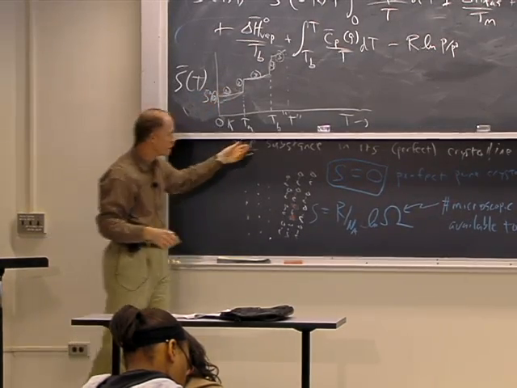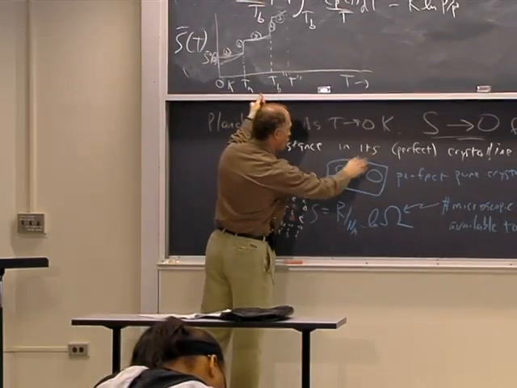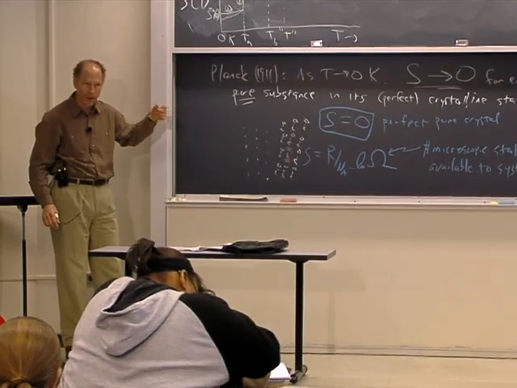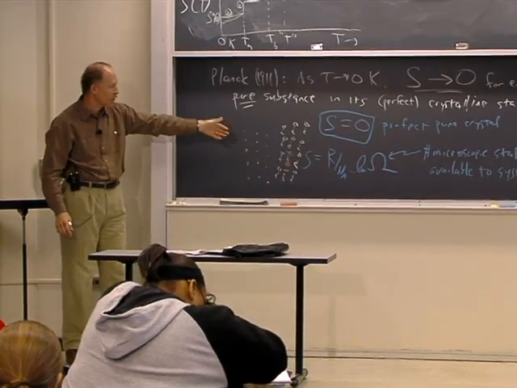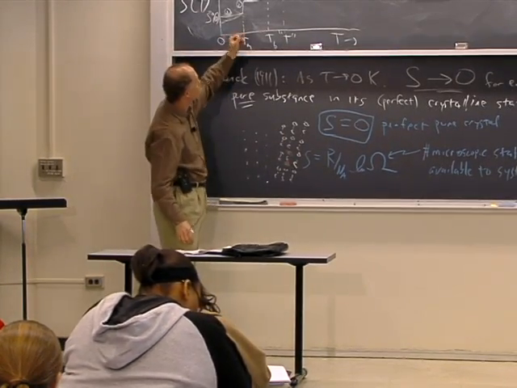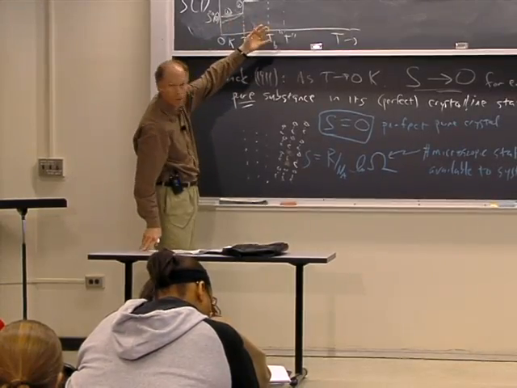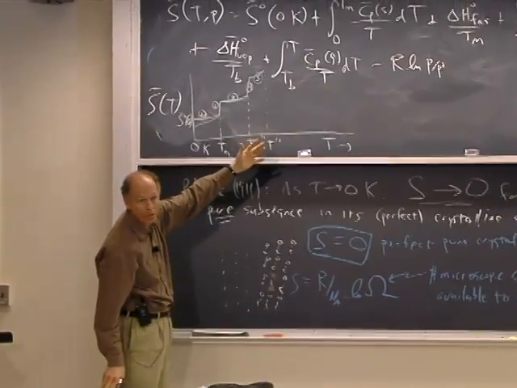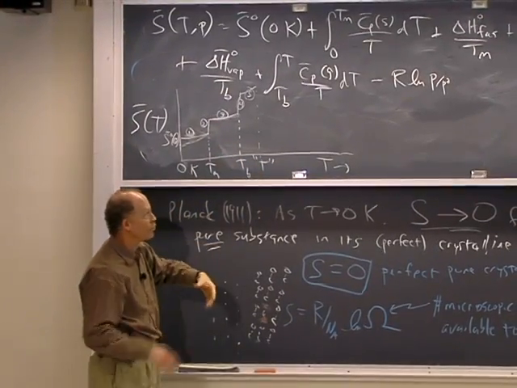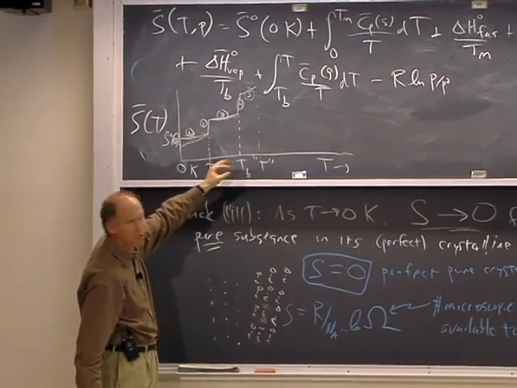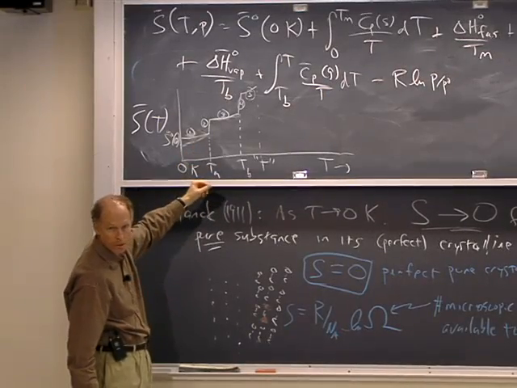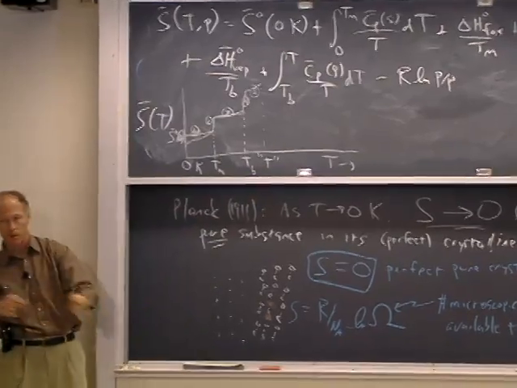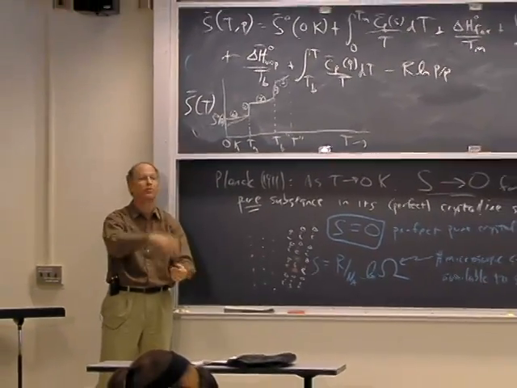So the real point is that this is extremely powerful because given this, we really can calculate absolute numbers for the entropies of substances at ordinary temperatures, not just at 0 Kelvin. This is a really very straightforward procedure. In fact, these things are quite easy to measure, right? You do calorimetry, you can measure those delta H of fusions, delta H of vaporizations, and the heat capacities. You see how much heat's needed to raise the temperature a degree.